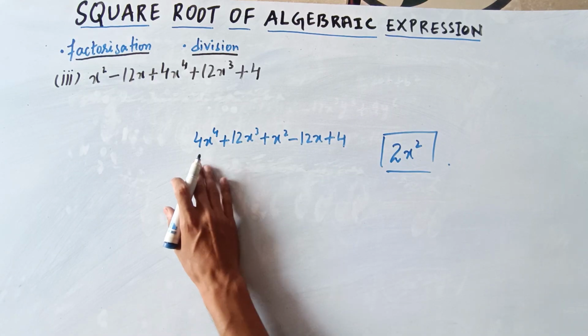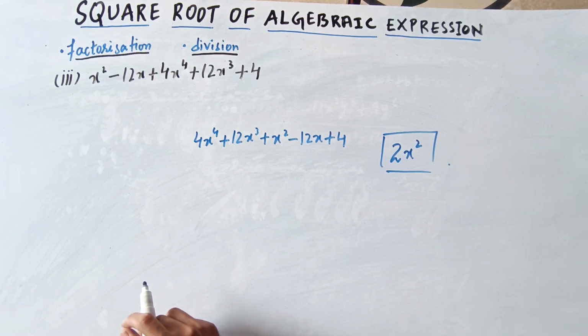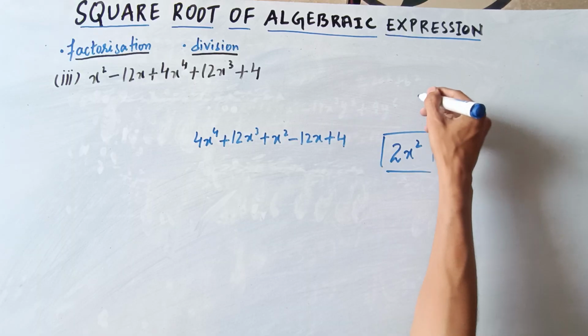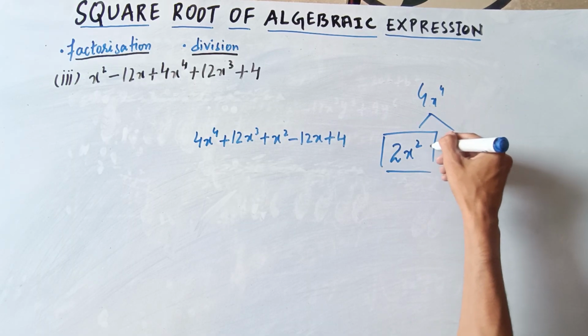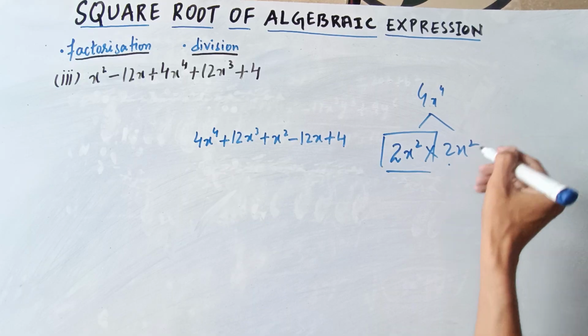So if you want to cancel the first term, which is 4x power 4, you need to remember that 4x power 4 will be the product of 2x square and 2x square.